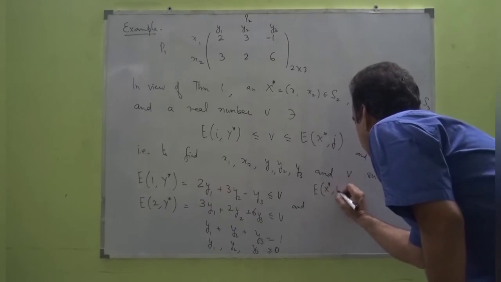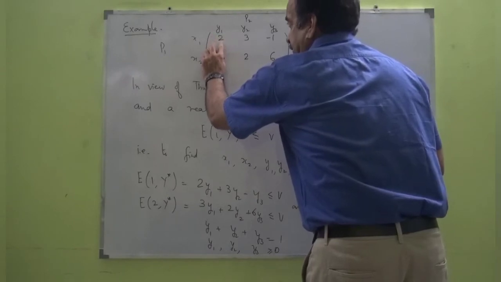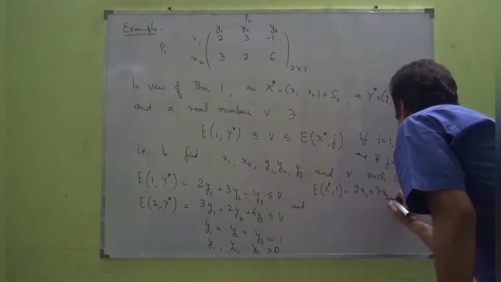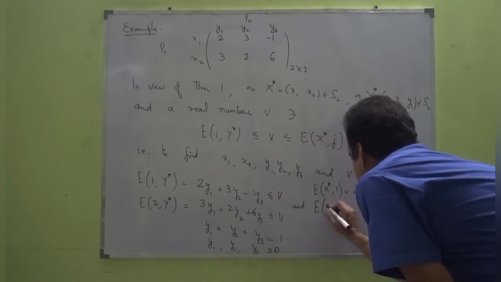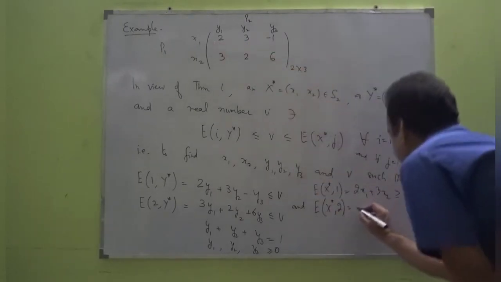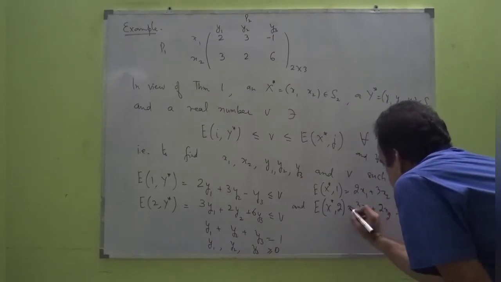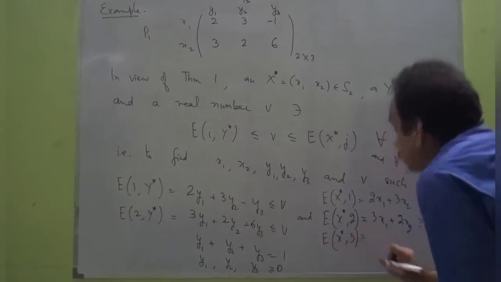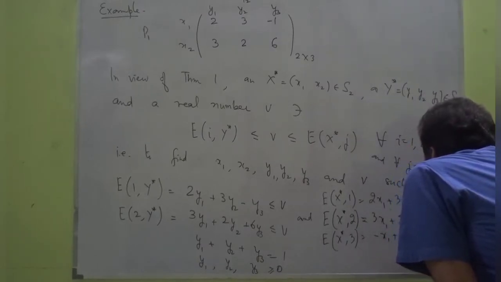E(x star, 1). Now x star is over here, so with 1 it will be 2x1 plus 3x2, which should be greater than or equal to v. E(x star, 2) is equal to 3x1 plus 2x2, greater than or equal to v. E(x star, 3) will be minus x1 plus 6x2, greater than or equal to v.